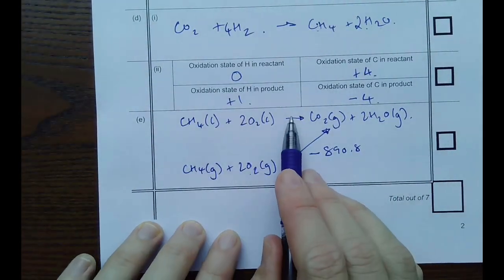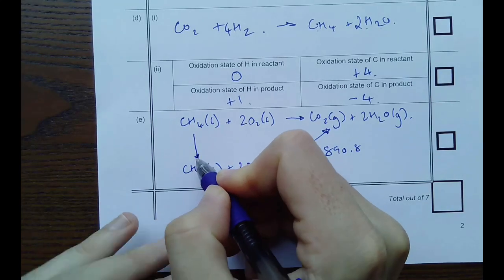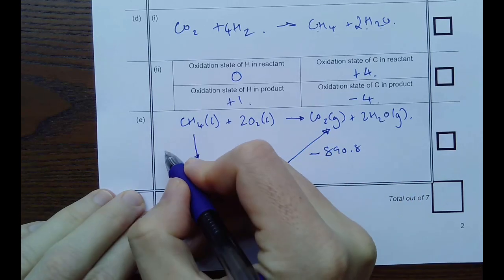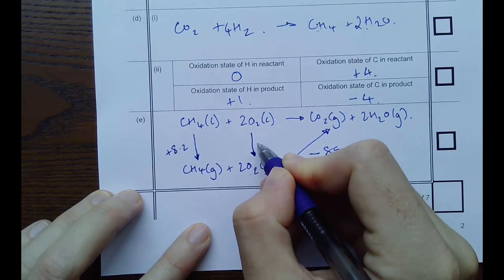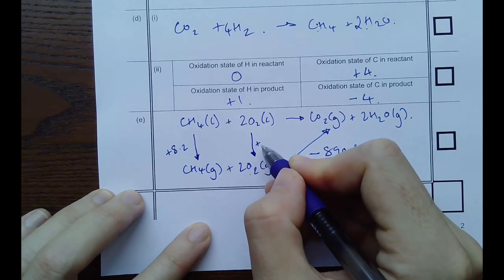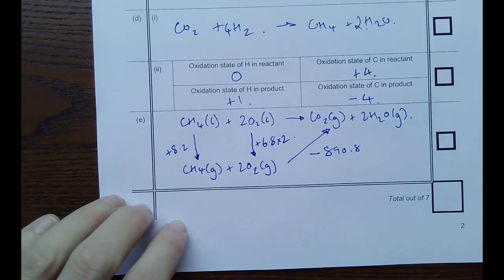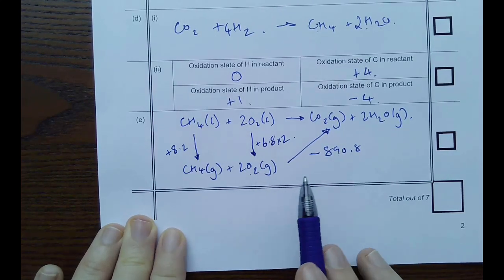Okay, so you can just see from here to here is the equation that you're given here. But I want this value here, and I'm told that the vaporization of methane is plus 8.2, and the vaporization of oxygen is plus 6.8 per mole. I've got 2, so I'm going to times that by 2. Okay, and then it's just an energy cycle, right? A Hess's law situation.